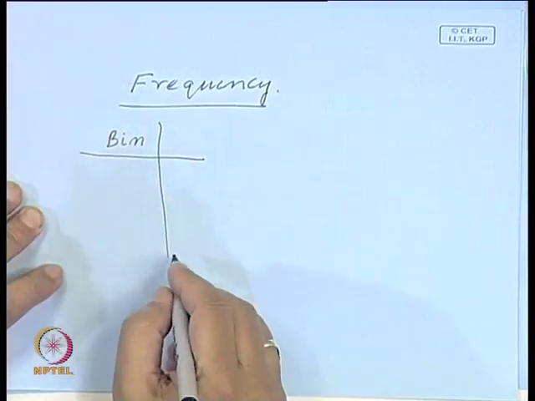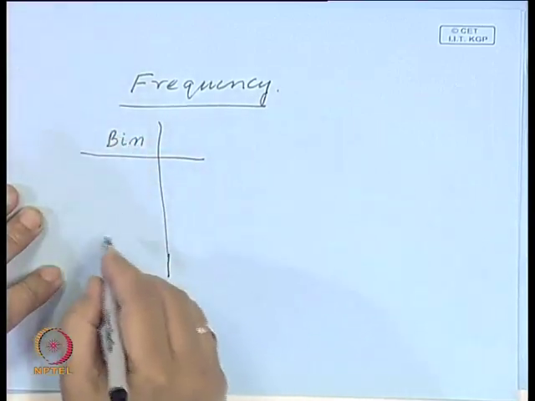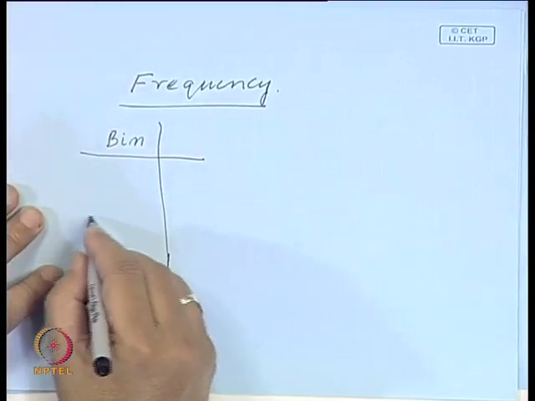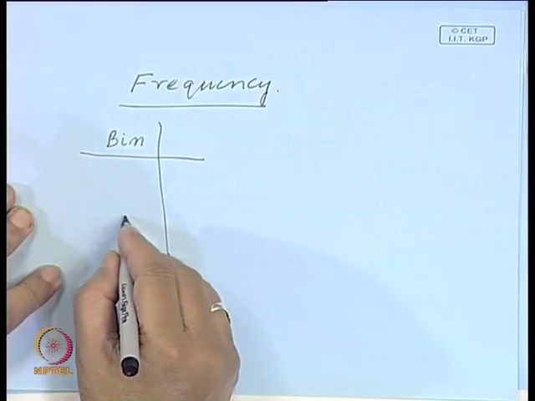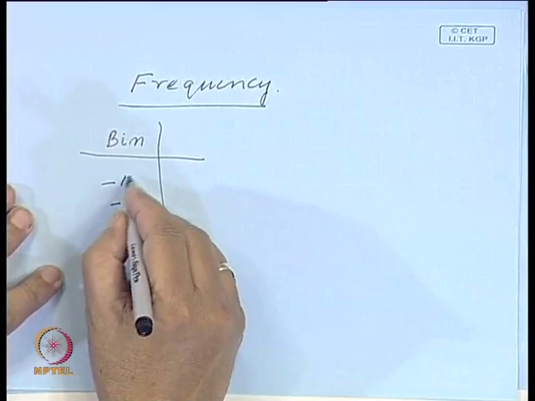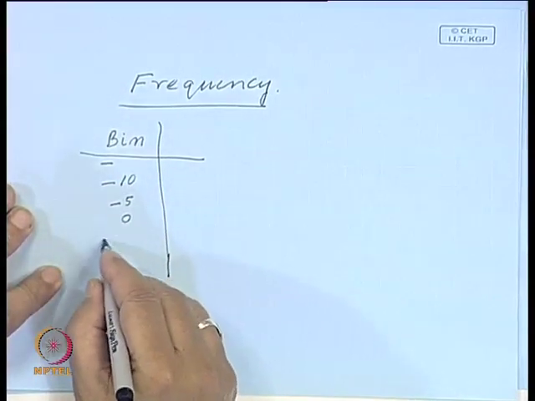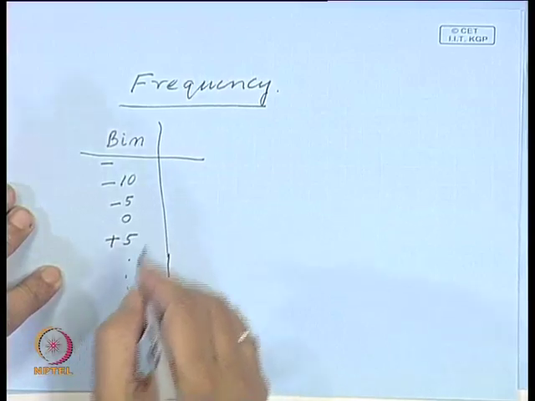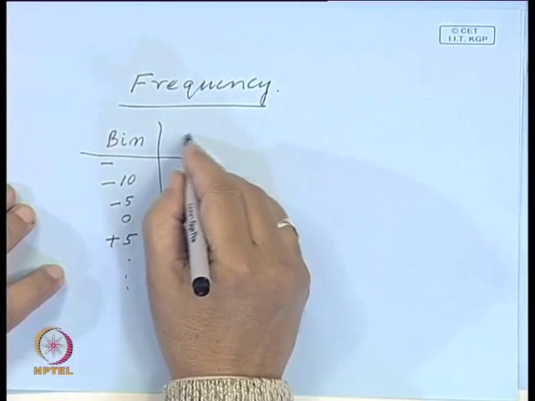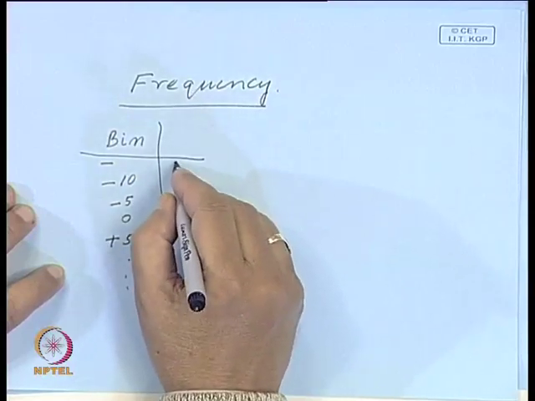Bin means, let us say, that position is the bin where it is. Say suppose this is the mean somewhere here, 0, minus 5, minus 10, something like this, the location, this is plus 5. You can set up a bin, and then you enter this frequency function over here.